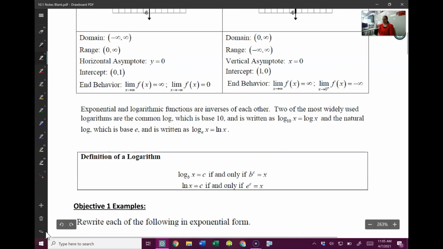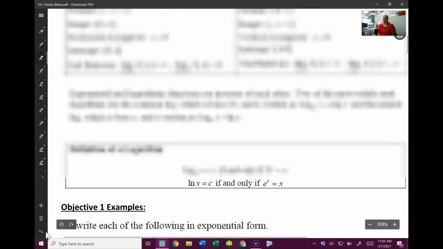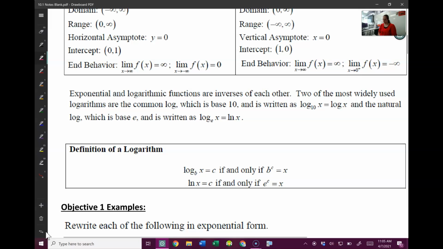But there are 2 bases that we do specifically want to talk about. And the first one is base 10. Now the reason we talk about base 10 is because it's extremely common. Base 10 comes up all the time. It happens all the time in mathematics.